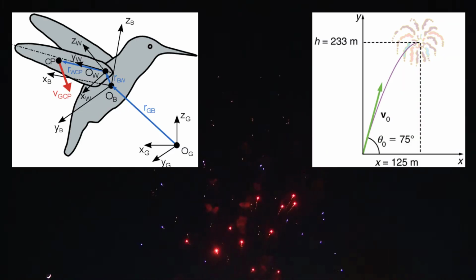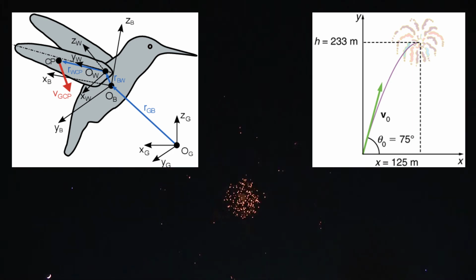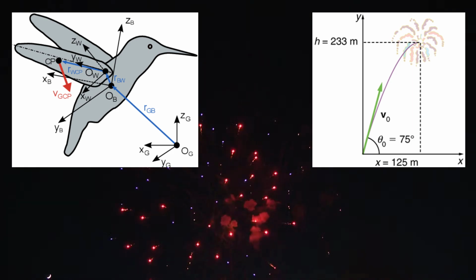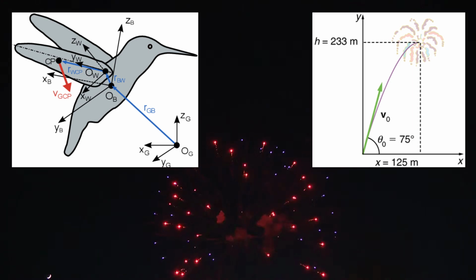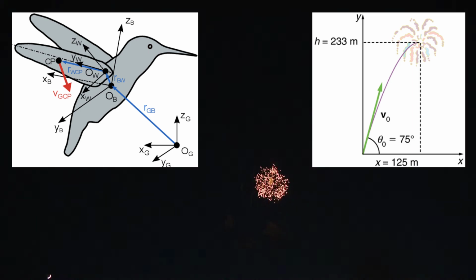In this case, fireworks. You see, fireworks also follow the same concepts of two-dimensional kinematics, much like the hummingbirds. When we take a look at the horizontal and vertical motion, we can see that it still follows a path influenced by its velocity and the effects of gravity. In horizontal motion, the firework is launched.